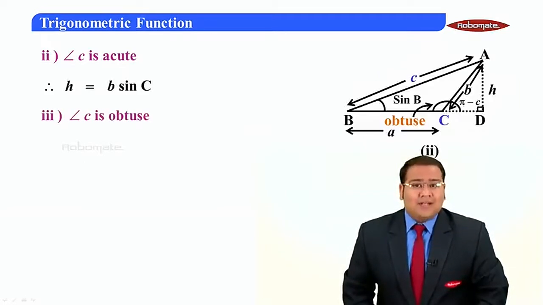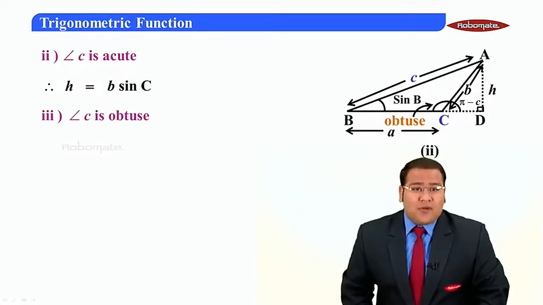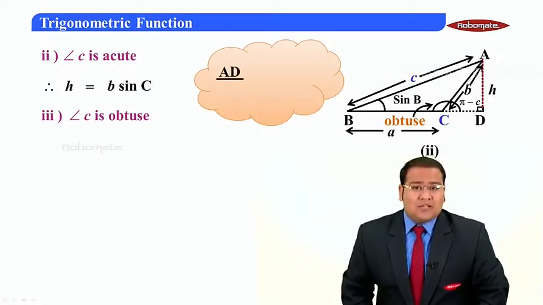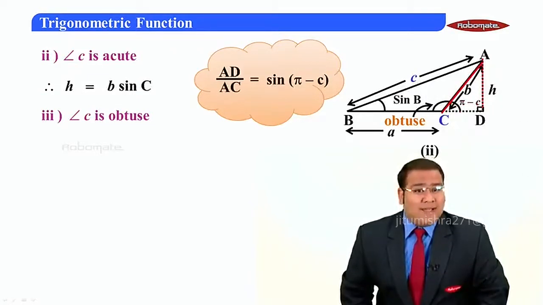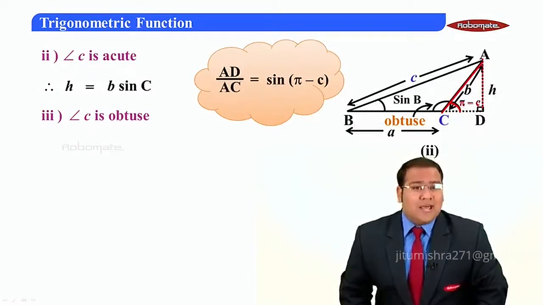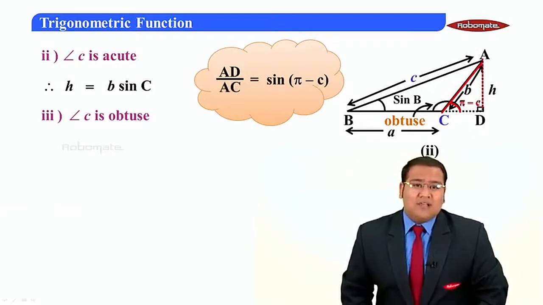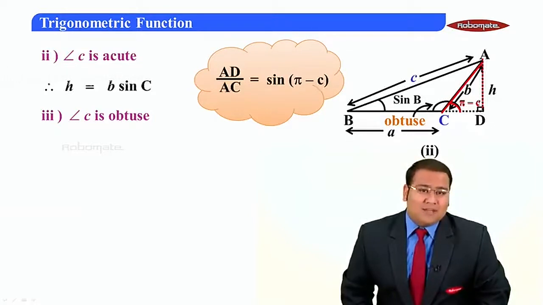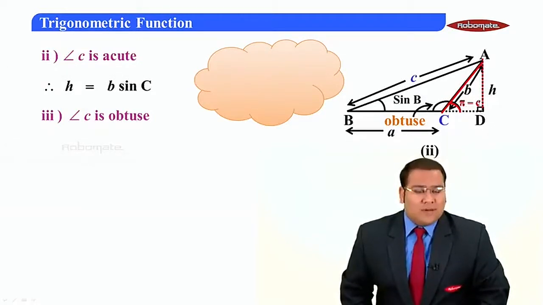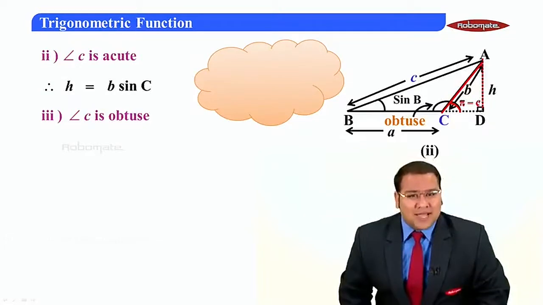Similarly, if angle C is obtuse, in this triangle ADC, we know that AD upon AC is equal to sine of pi minus C. You know the linear pair axiom. If angle C is obtuse, the remaining part of C would be pi minus C. So, we know sine of pi minus theta is sine theta.